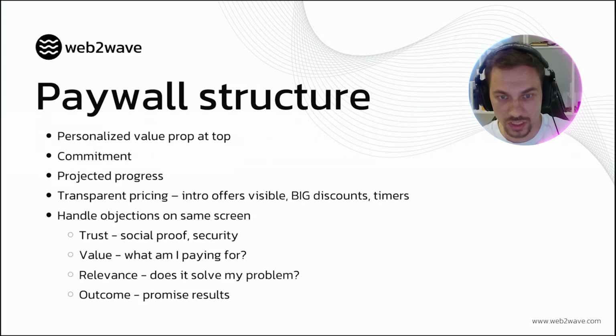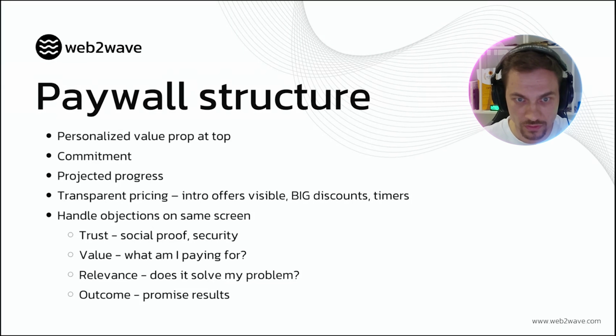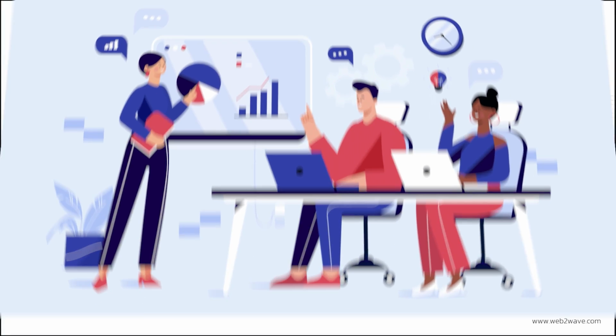Then we make a commitment that the user will get these results in 1 month or in 1 year, depending on your product, because people are not paying for the product, they're paying for solutions to their problem, and they want to understand when their problem will be solved. Because of that, we have to put a commitment from our side. We have to visualize how they will achieve this by showing some graphs or visualizing their life after.